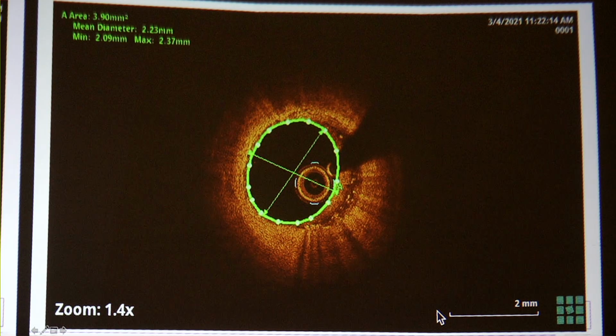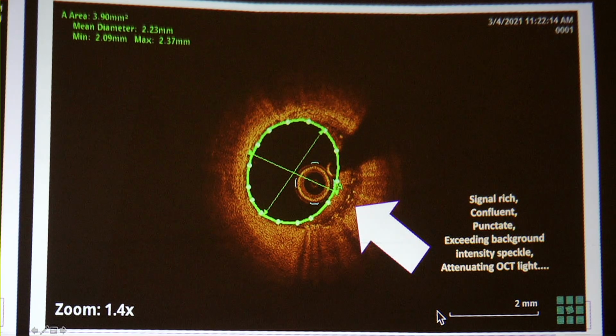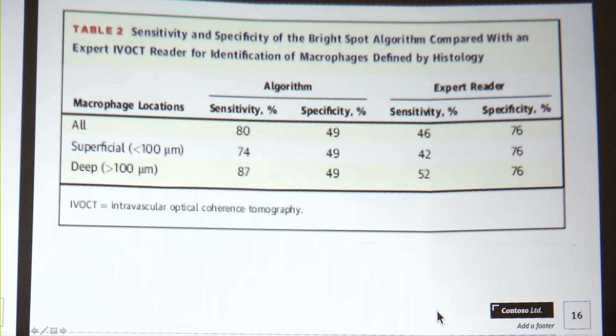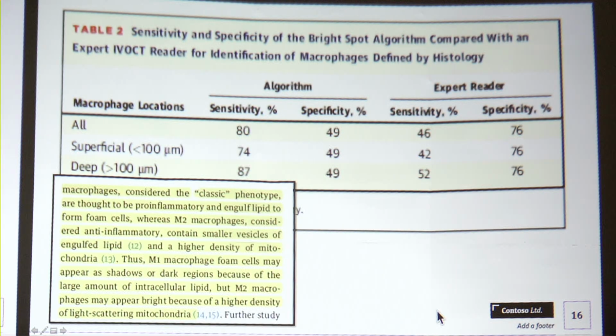The plaque is eccentric. You can appreciate the healed plaque. The fibrous cap is pretty thick. The inflammatory markers: you can appreciate the signal-rich, confluent, punctate speckles that are attenuating the OCT light. These are M2 macrophages. Even the macrophages have been divided into two subsets. One is the classic macrophages that are pro-inflammatory.